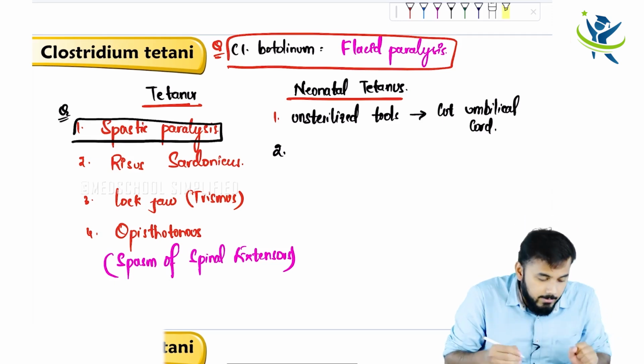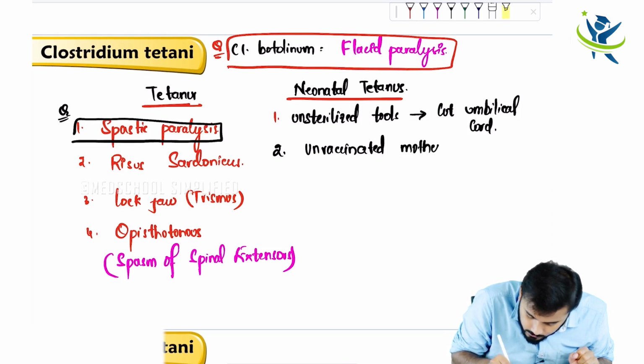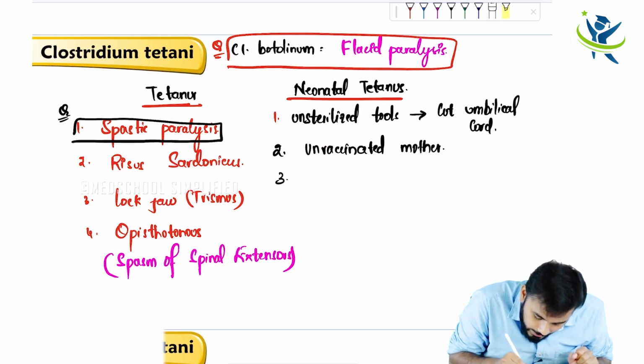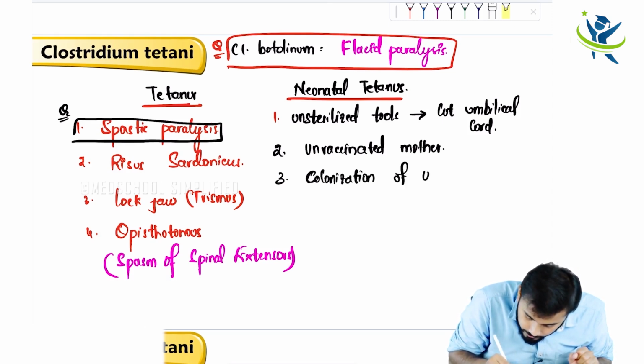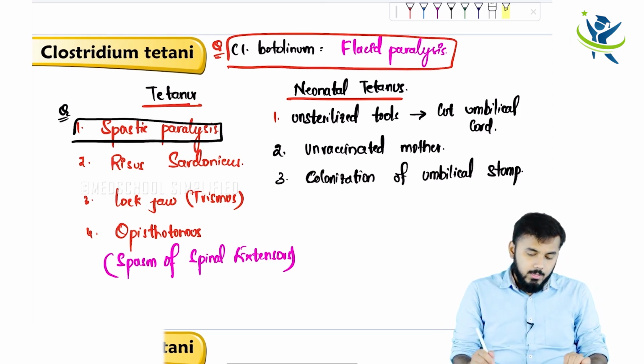So, unvaccinated mother. So what is going to happen at the end? There will be colonization of the umbilical stump. Okay, right.